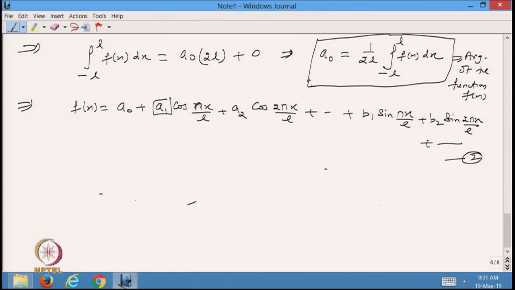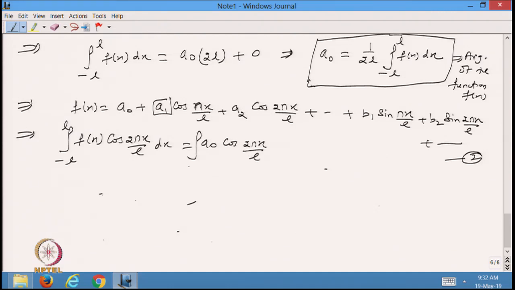So, I multiply this function by it and integrate from minus L to L dx, which is equal to A0 times the integral of cos(2 pi x by L) from minus L to L dx, plus A1, which I want to find, times the integral from minus L to L of cos(pi x by L) cos(2 pi x by L) dx, and so on.